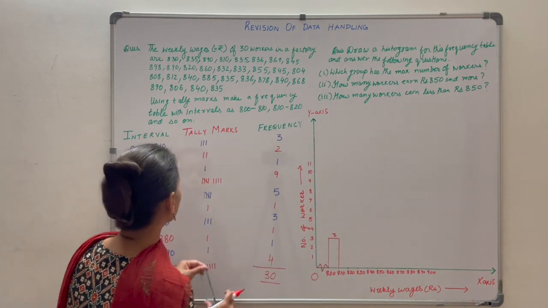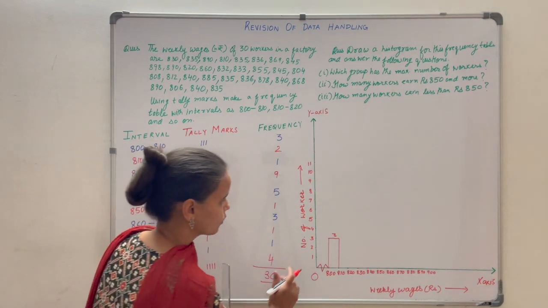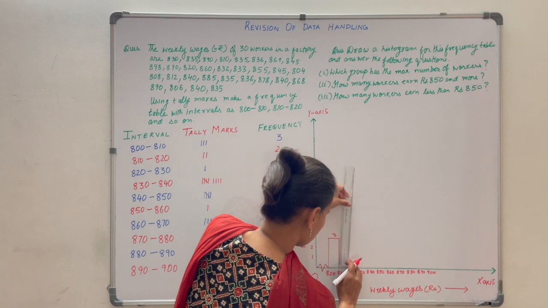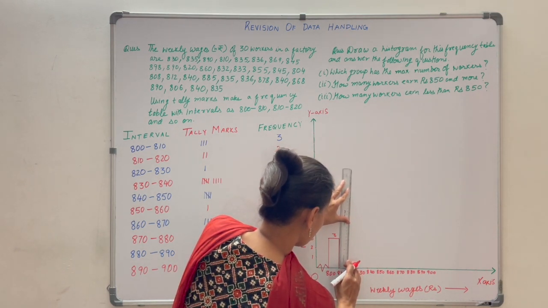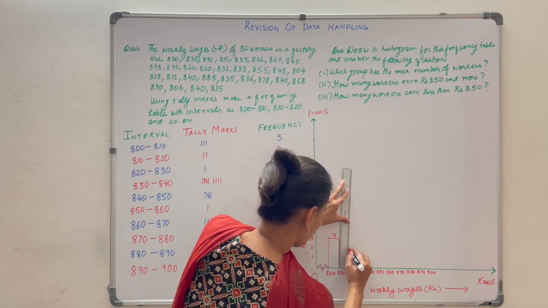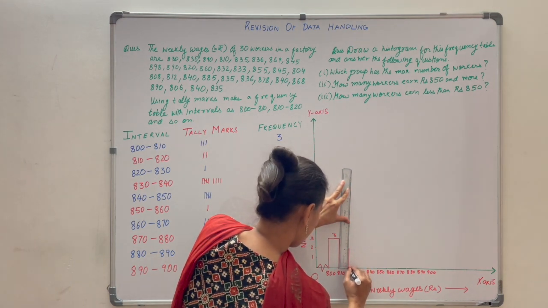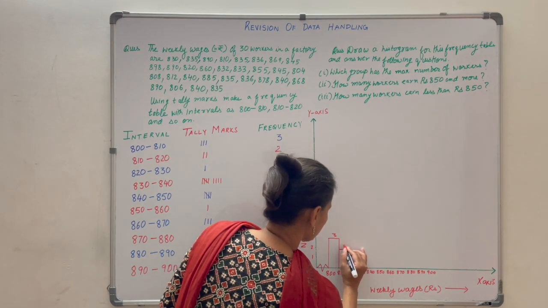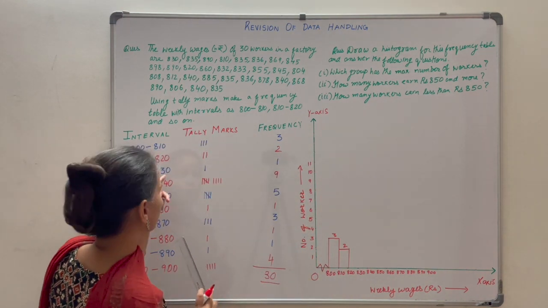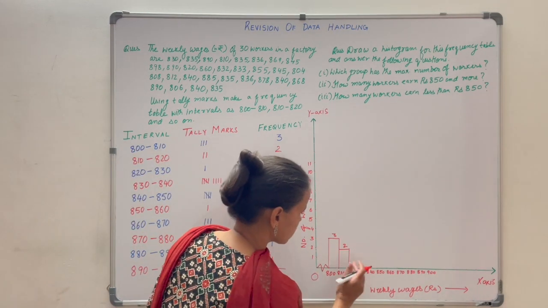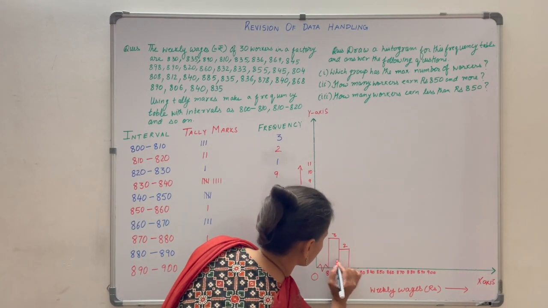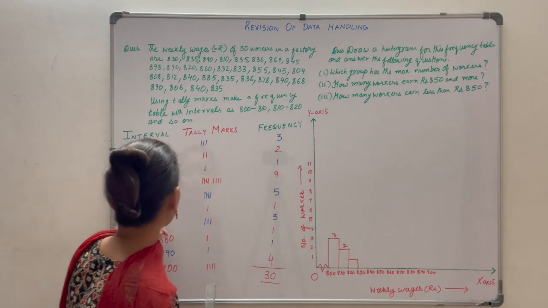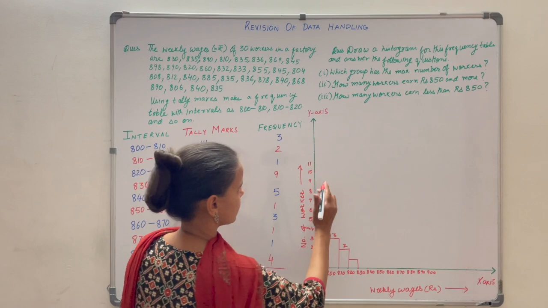Now from 810 to 820, it is 2. This is here. So let us mark it. This is 2. Then from 820 to 830, it is 1. This is 1. So this is here. Then from 830 to 840, it is 9.